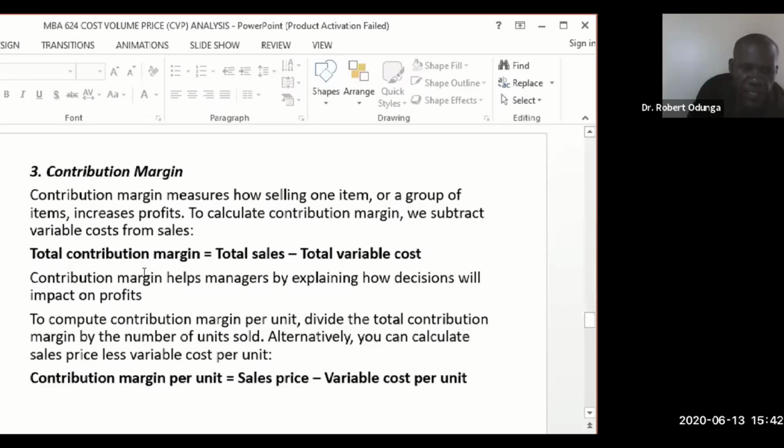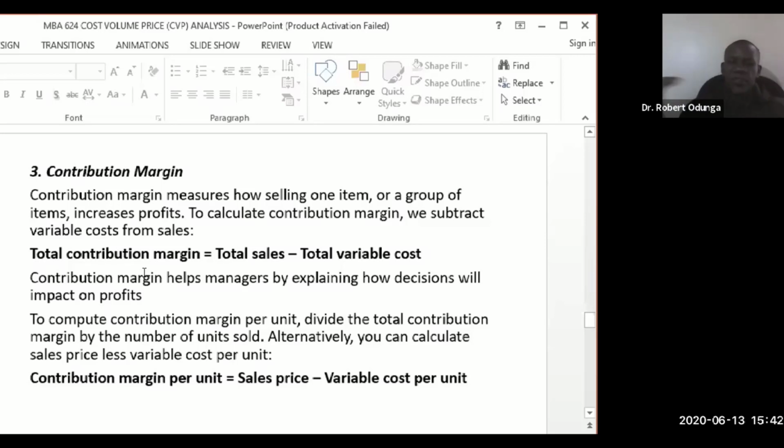To compute contribution margin per unit, divide the total contribution margin by the number of units sold. Alternatively, you can calculate sales price less variable cost per unit.